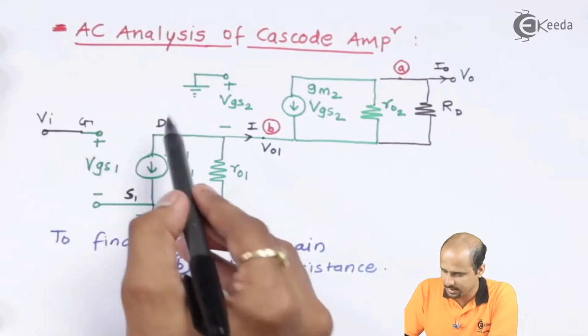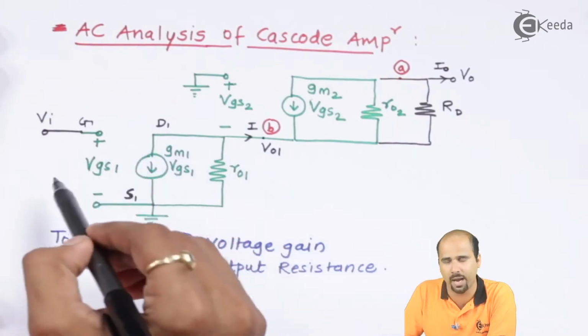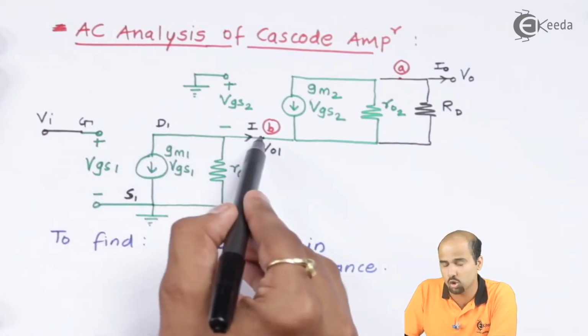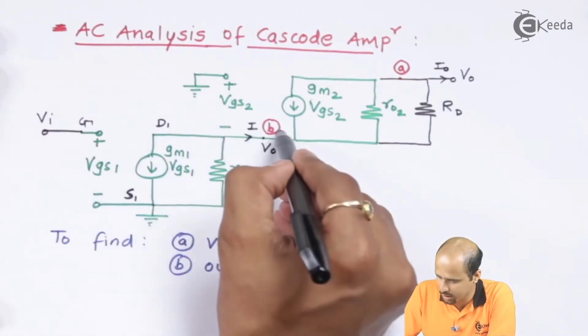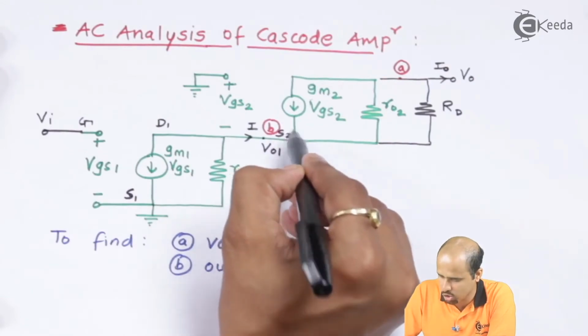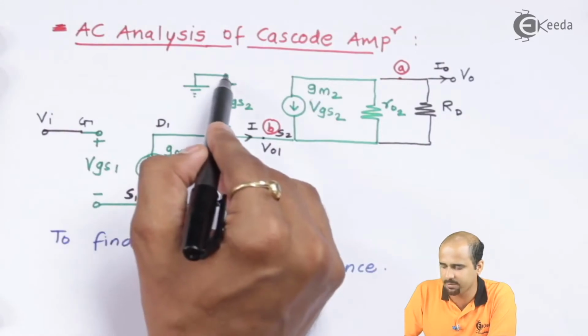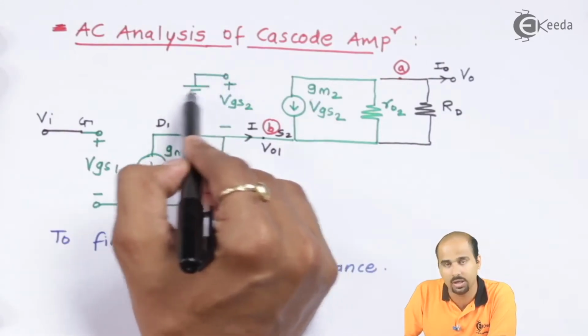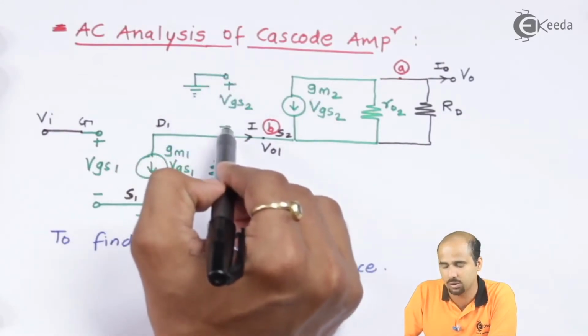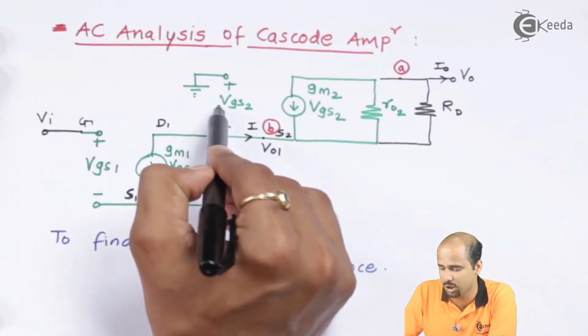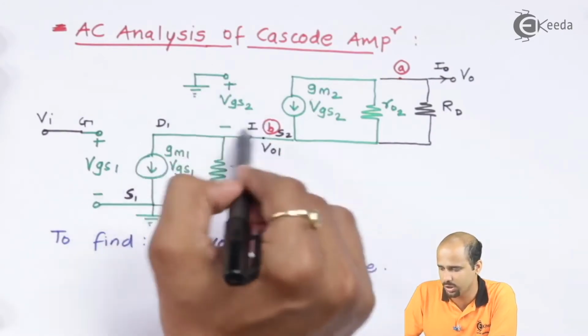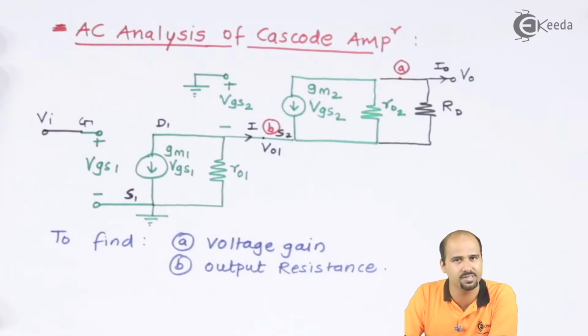I know that the drain of the first MOSFET M1 is connected to the source of the second one. So here I'm saying that this is my source S2. This source is connected with the gate, which is grounded, so we get the formation of VGS2, the voltage difference, which is open circuit, again a MOSFET.